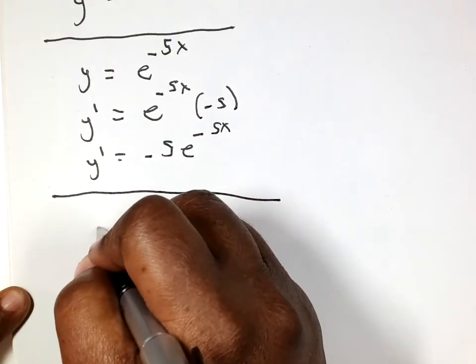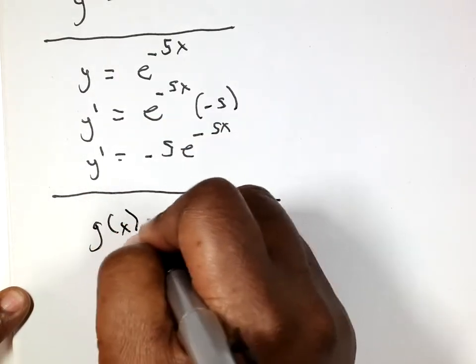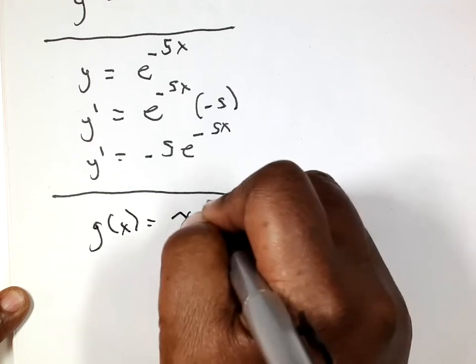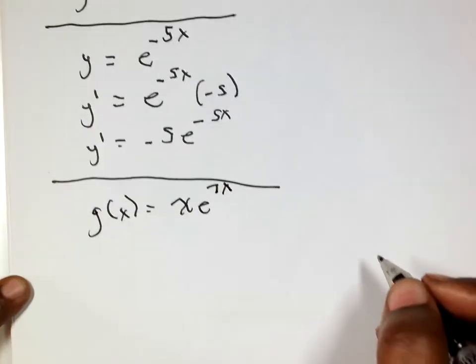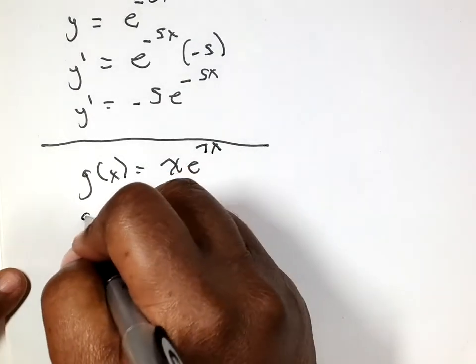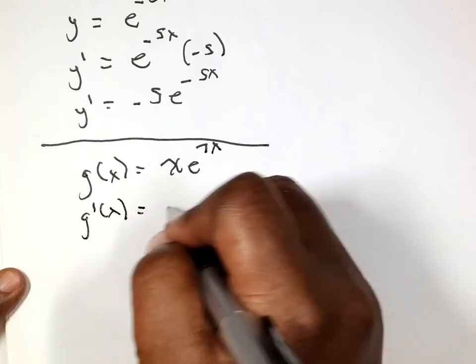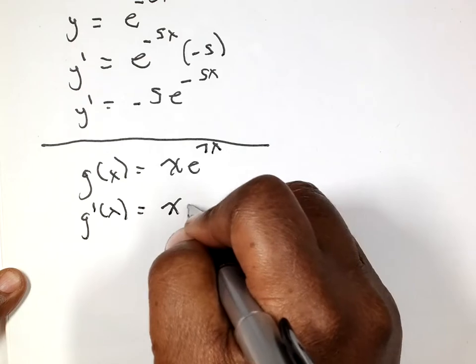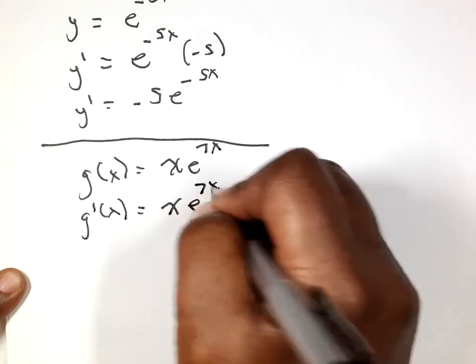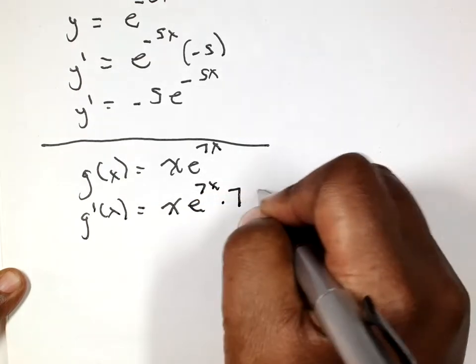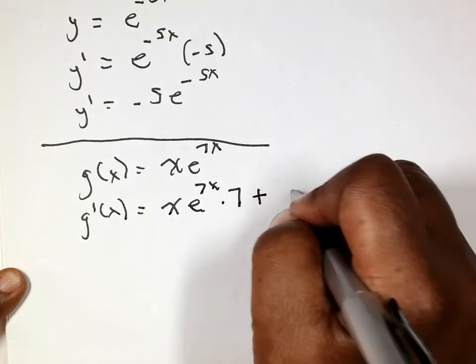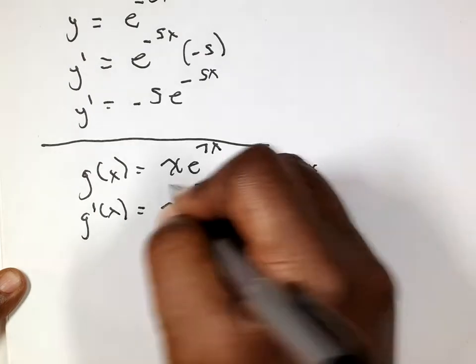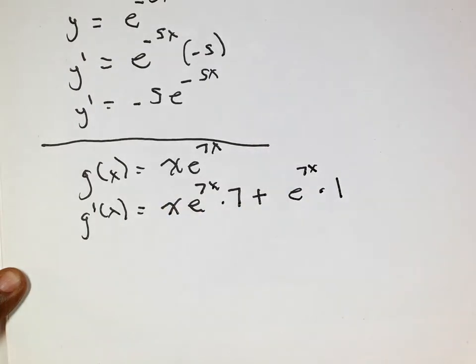I have g of x equals x times e to the 7x. So g prime of x is going to be x. I'm leaving the x and I'm taking the derivative of e to the 7x, which is e to the 7x times 7, plus e to the 7x times the derivative of x, which is just equal to 1.